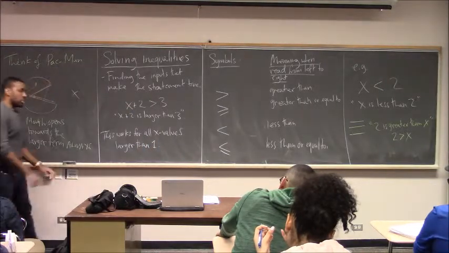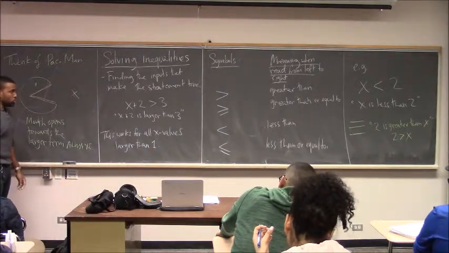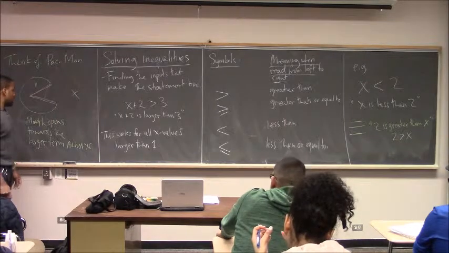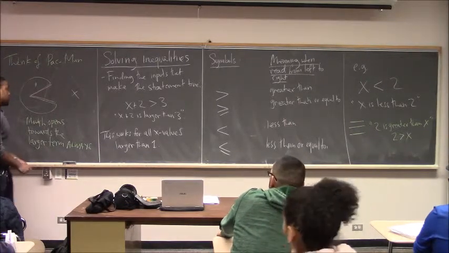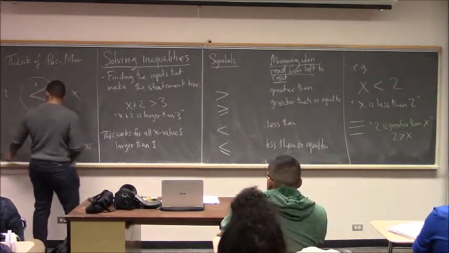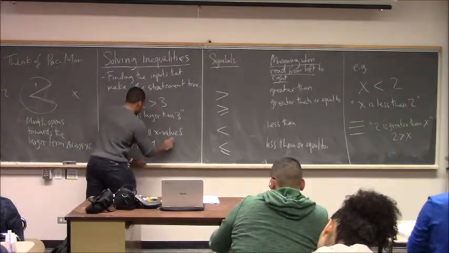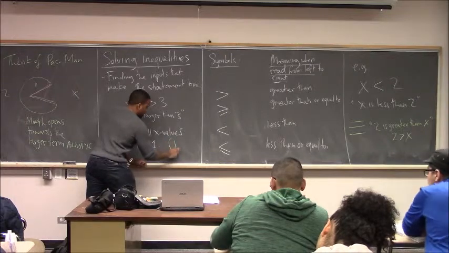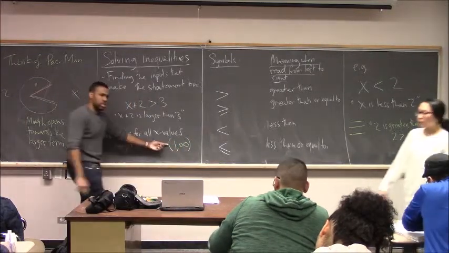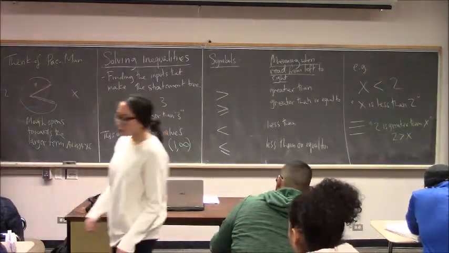Right? As long as your x is larger than 1, adding 2 to it will give you something larger than 3. And so one way to say this is to use the interval notation. So this would mean your x is larger than 1. We've looked at interval notation before. So that would be the solution.